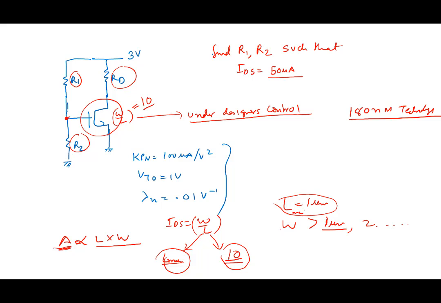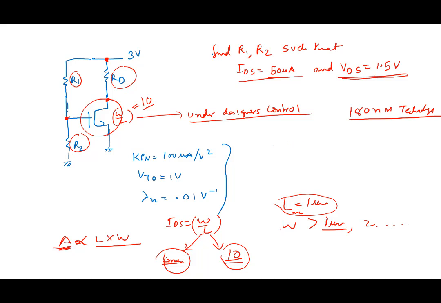So how do I find the R1, R2? Now note that I want IDS equal to 50 microamperes, and let's say VDS equal to 1.5 volt. Let's put that. So bias point would be a value of current and a value of VDS. RD is not given. You have to choose RD. So RD is straightforward. This is 3, and VDS is given as 1.5. So 3 minus 1.5, current is 50 microamperes. So you can just calculate.